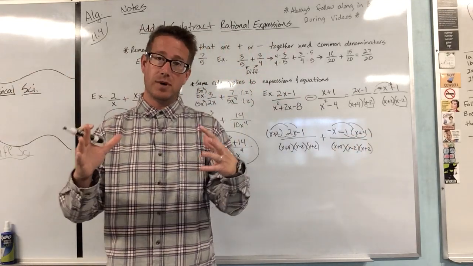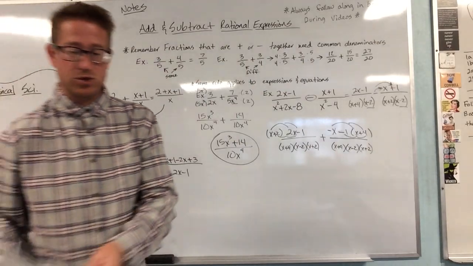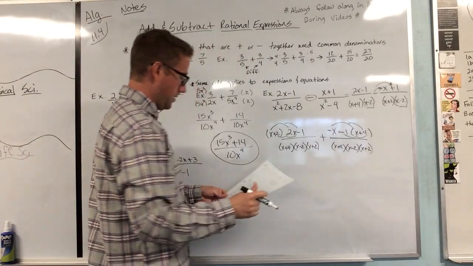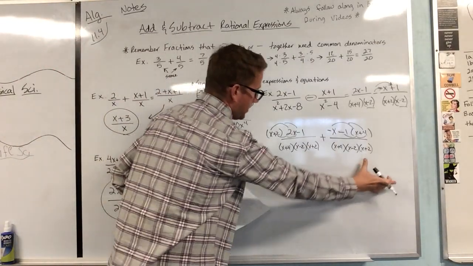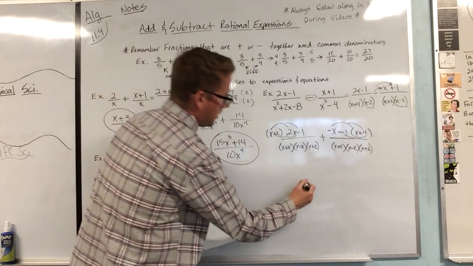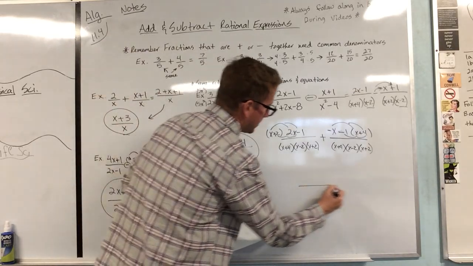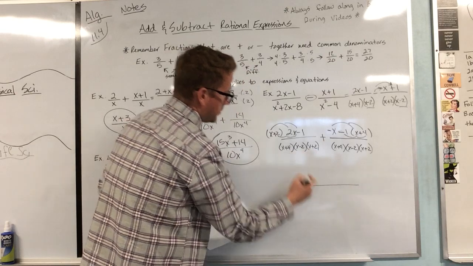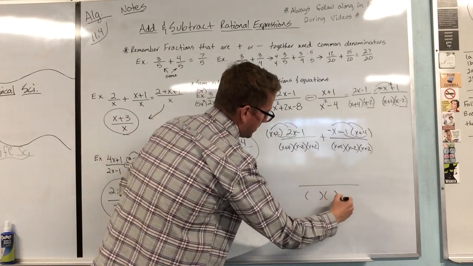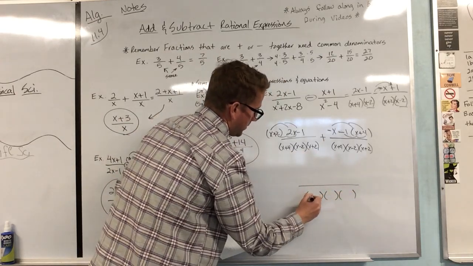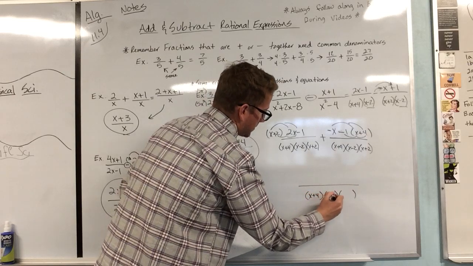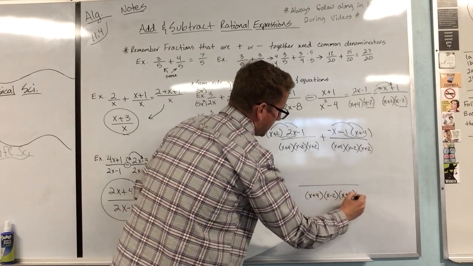You're going to then have to combine like terms. And I'm going to try to save a little bit of time with you here. I'm going to expand it all out. All right, what's our common denominator? These three expressions. So let's write that down here one more time. X plus 4, x minus 2, x plus 2.